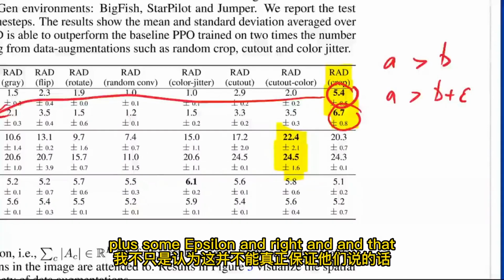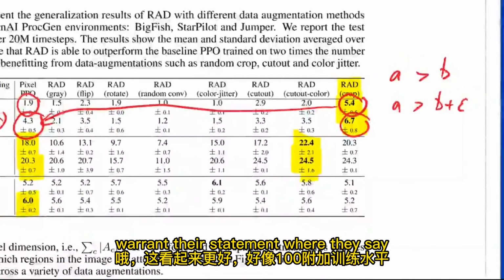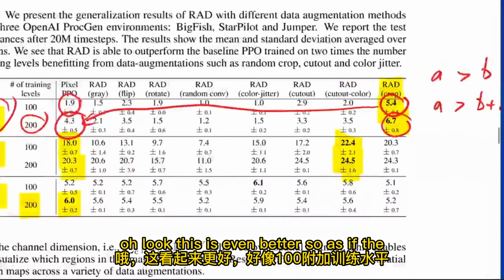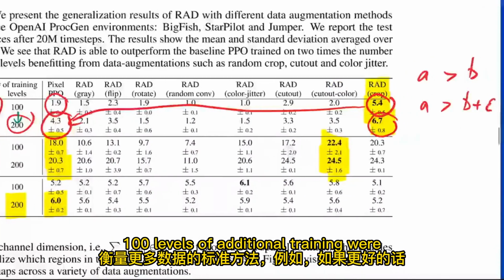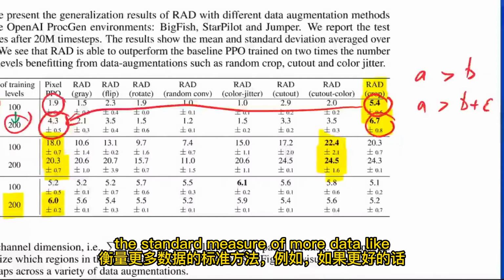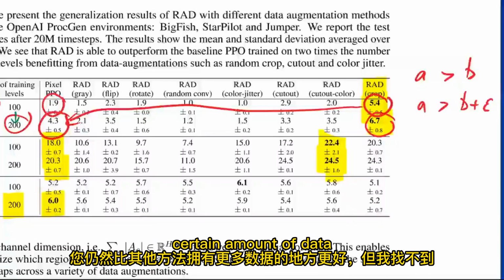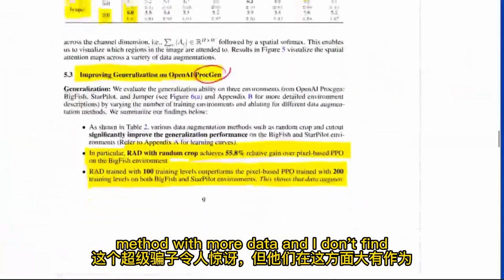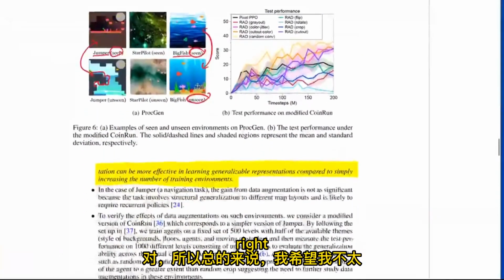I just think that doesn't really warrant their statement where they say, "Oh, look, this is even better," as if the 100 levels of additional training were the standard measure of more data. If you're better at the beginning, there's going to be a certain amount of data where you're still better than the other method with more data. I don't find this super duper surprising, but they make a big claim here out of this.